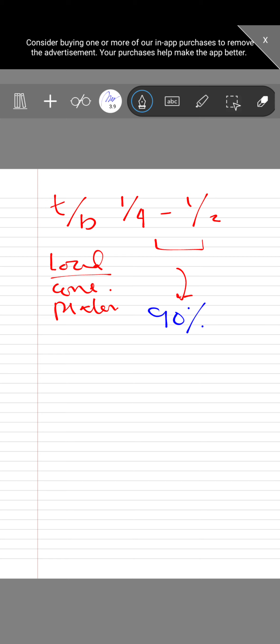Now, another requirement to maintain this plane strain condition is the width of the specimen.